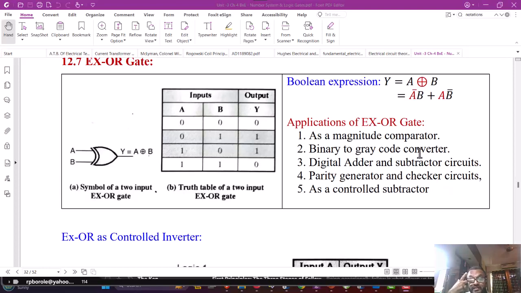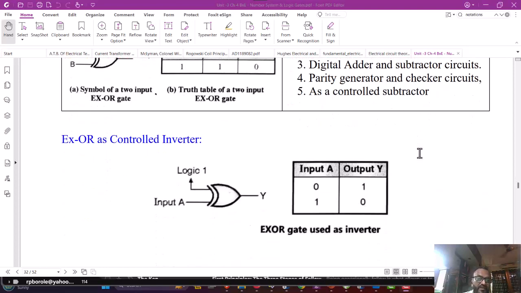It can be used as a digital adder and subtractor circuit. It can be used to generate the parity of a given digital data and for checking the parity of the received data. It can be used as a controlled subtractor in the arithmetic logic unit implementation.